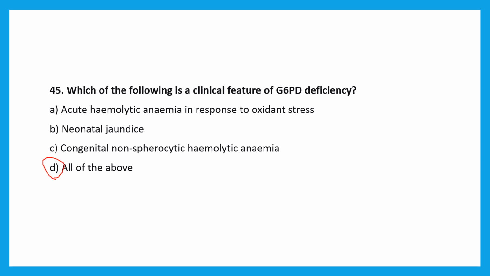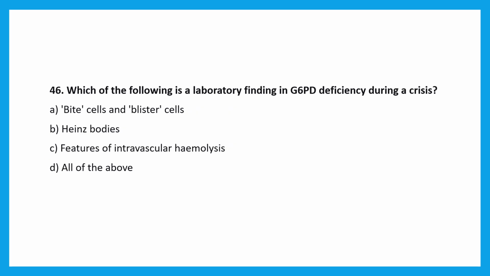Number 46. Which of the following is a laboratory finding in G6PD deficiency during a crisis? Bite cells and blister cells, Heinz bodies, features of intravascular hemolysis, and all of the above. So 46, which one is it? When we talk of the bite cells and blister cells, these are RBCs from which Heinz bodies have been pitted out by the spleen, right?